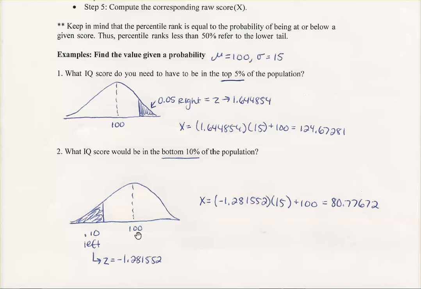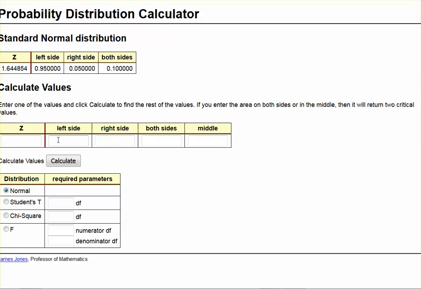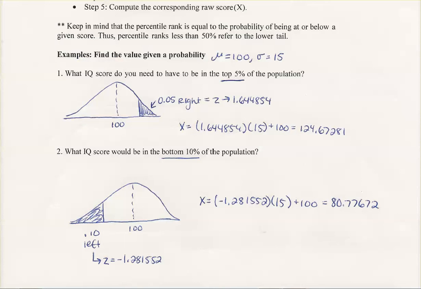So what IQ score would you need to be in the bottom 10%? We put our 100 in, and we know we're in the bottom, so we're in that tail part. We put this in, shade it, and we know this is our 0.10, and it's on the left because it's the less than. Then we come to the probability distribution calculator, left, 0.1, calculate, and we get a z-score of negative 1.281552.